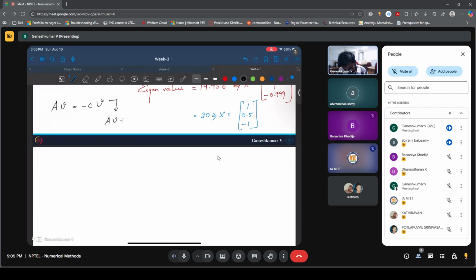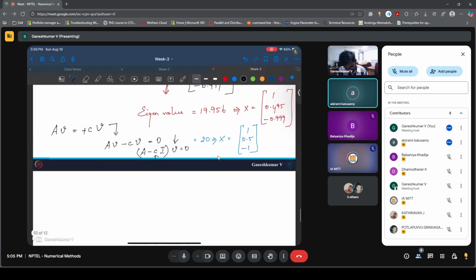Av minus cv equal to 0, and what do you write? A minus cI times v equal to 0, and v is your eigenvector and c is your eigenvalue, correct?